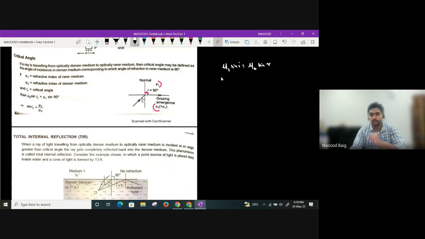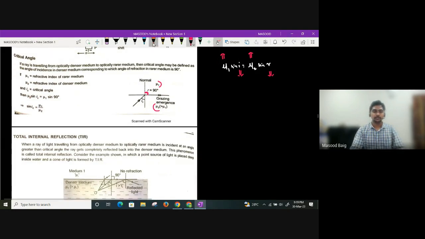Right now, in this case, can you please tell what will Snell's law be? i, you anyhow know, is the angle of incidence. r, you know, is the angle of refraction. Mu1 is the refractive index of that medium in which incident rays are lying. Mu2 is the refractive index of that medium in which refracted rays are lying.